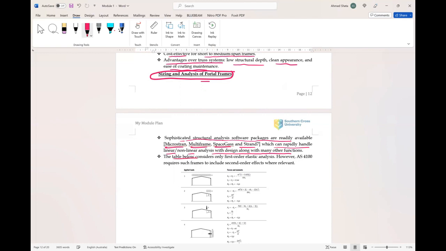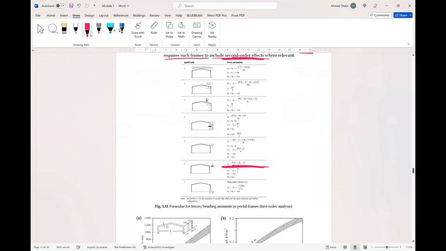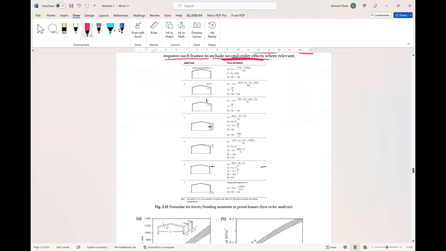The table below considers the first order analysis. However, the Australian standard AS 4100 requires such a frame to include second order effects where relevant. So this table is the linear analysis formulas of H, V, and M.